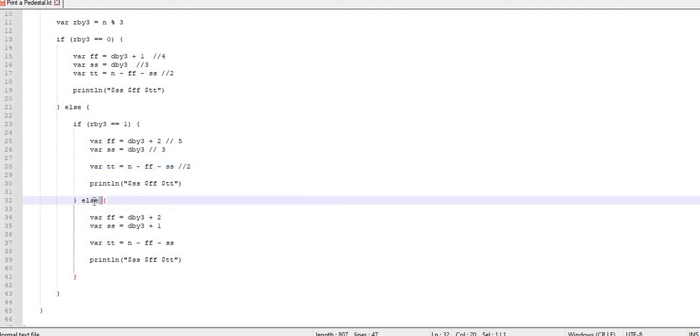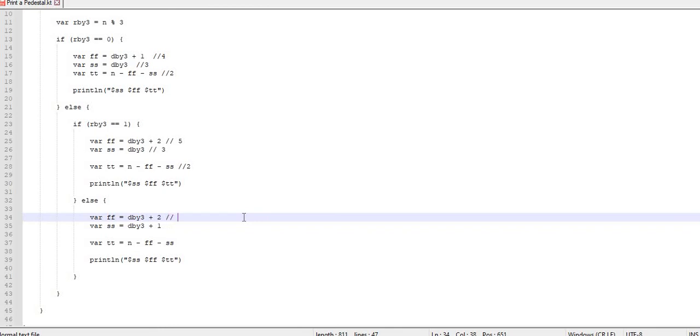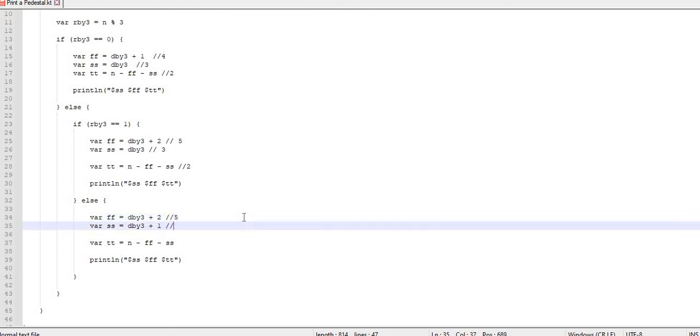Similarly, if you have a remainder of 2, for example 11 is the input case, in that case you first add to the first, so that would become 5 as it is. Then you have one more extra element in this case, and you can add it into the next length.